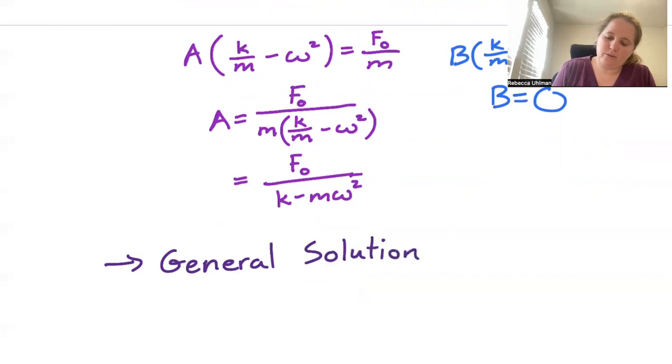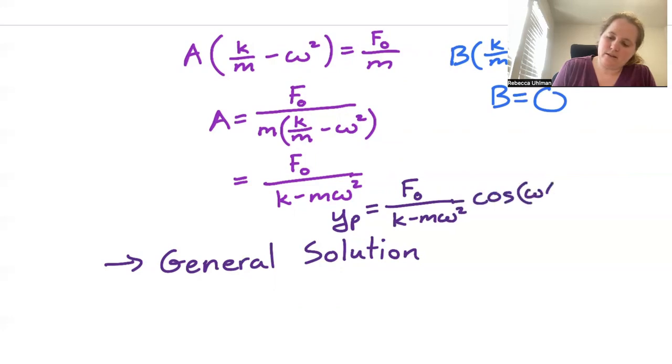So our general solution, or first we have our y p is f naught over k minus m times omega squared, all times cosine of omega t.